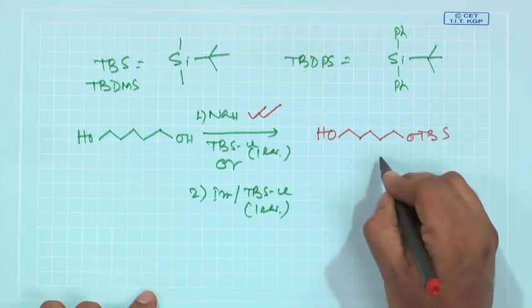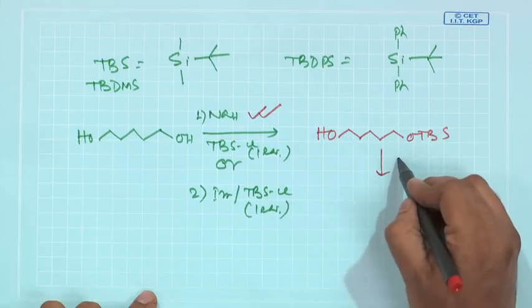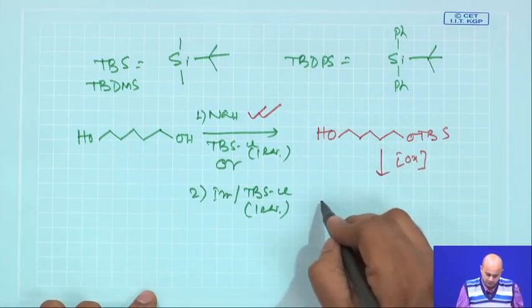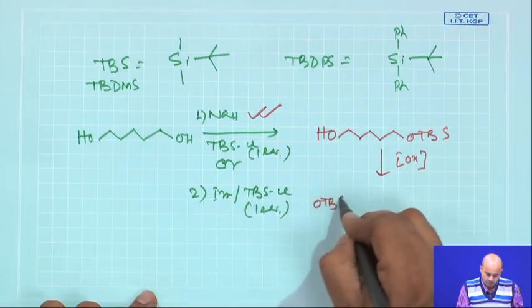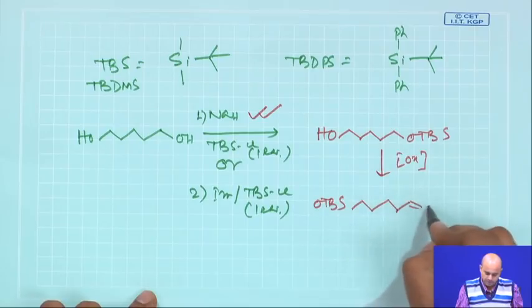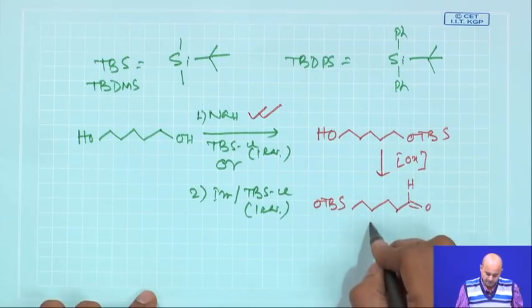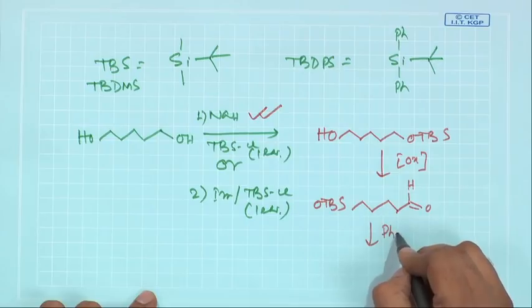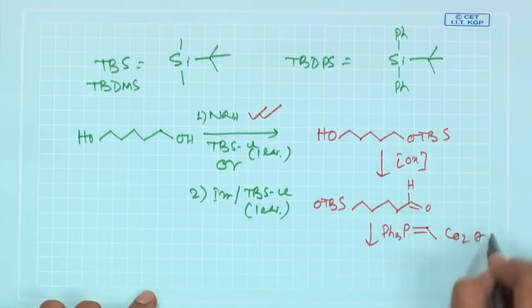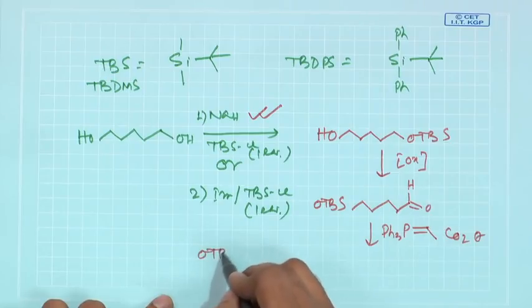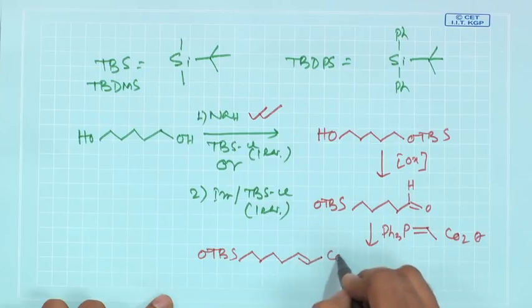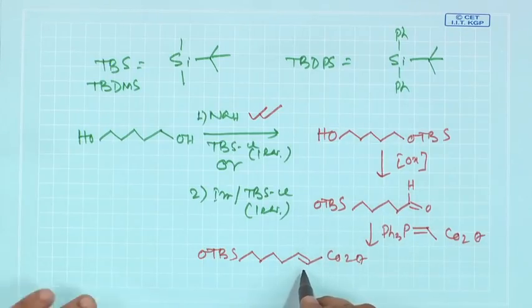Next, your job is absolutely simple, you need to oxidize this compound with an oxidizing agent. Any oxidizing agent will do the job, and you basically get the corresponding aldehyde. Next, your Wittig reaction will be done and you will get CO2Et, an alpha beta unsaturated ester.